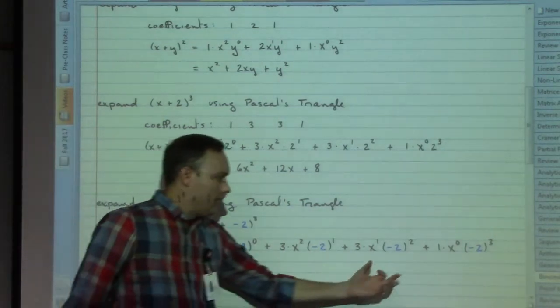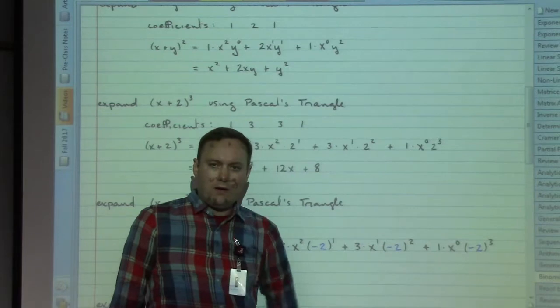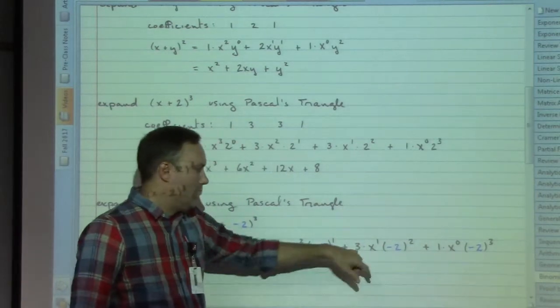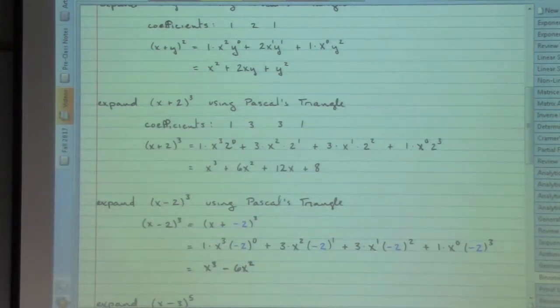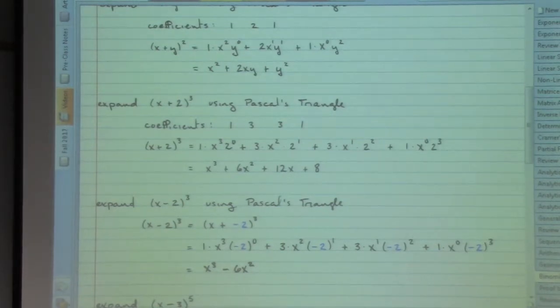In the third term, I have a negative being squared. Negative times a negative is a positive. Positive 4 times 3 would give me a positive 12 with my regular old x.